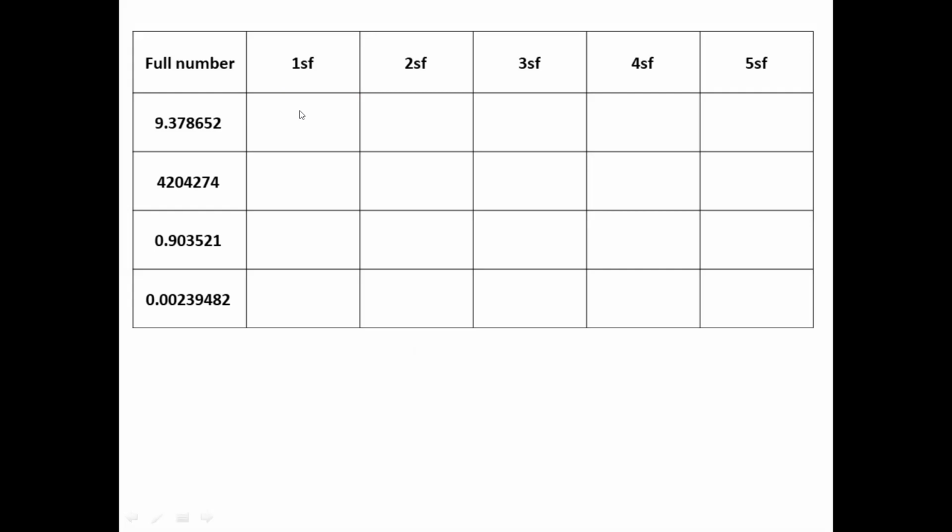So your 9.378, one significant figure. This bit you can knock off, you get a 9. For 2 significant figures, it would be 9.3, but there's a 7 after, so we need to round up, so it's 9.4. 3 significant figures would be 937, after 7 is 8, so you need to remember to round up to 938. 4 significant figures, we get 9378.